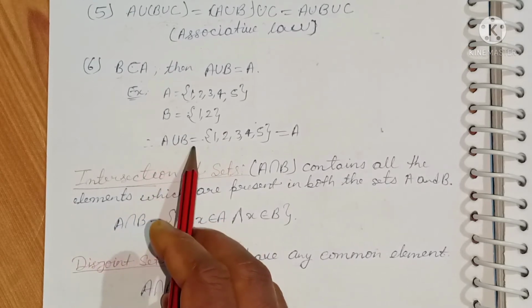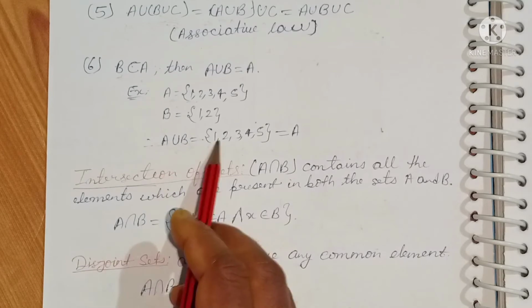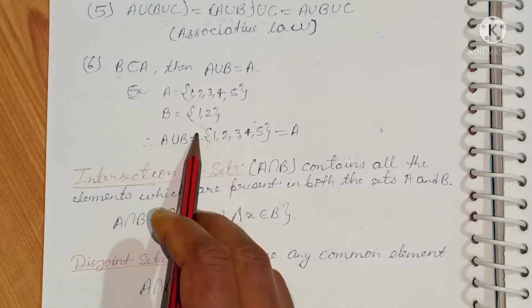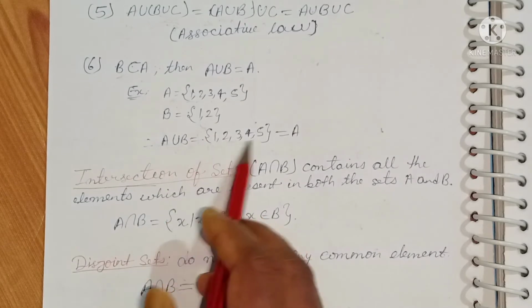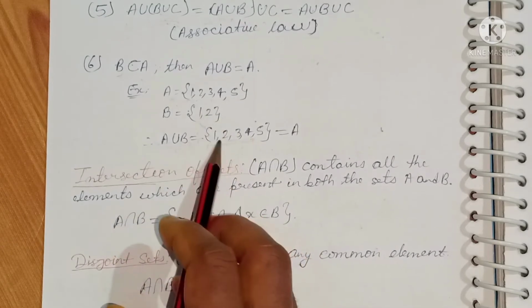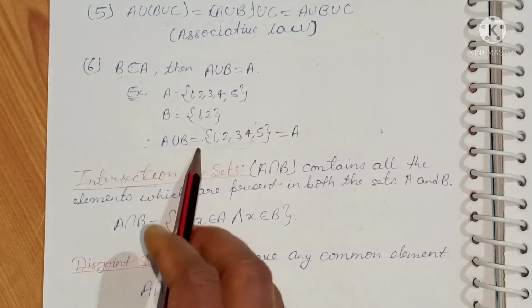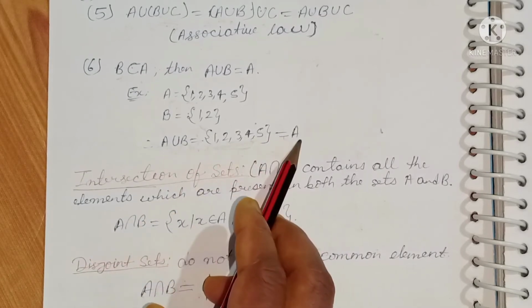A union B is all elements of A and B included. When we include them, we get 1 2 3 4 5, which is nothing but only A. So that's why A union B in this case is only A.